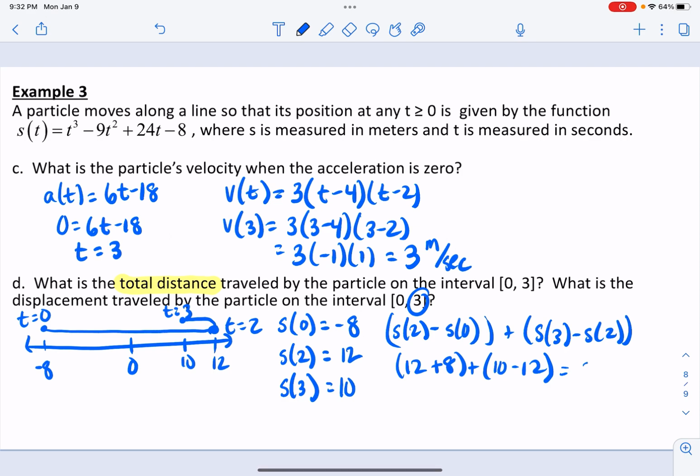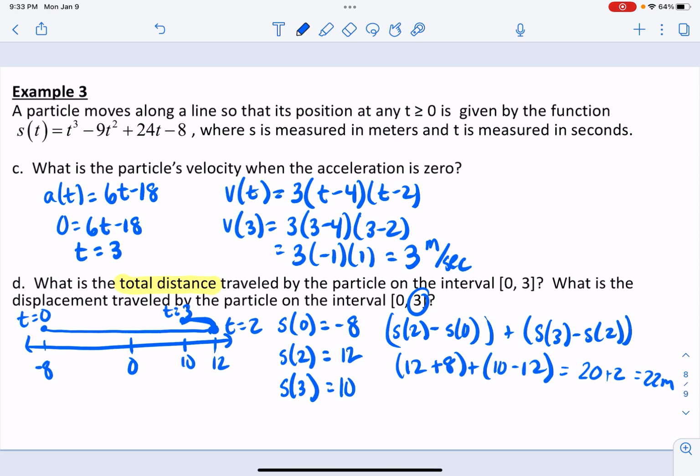I'm sorry, I was looking at my notes. That should be a plus in there. I think I should be doing absolute values because I'm looking for this total length. This last length is 2. So that should be 22 meters.